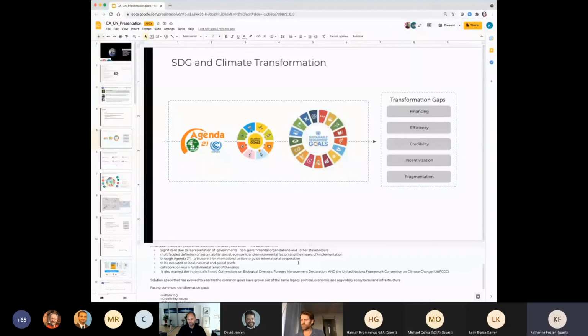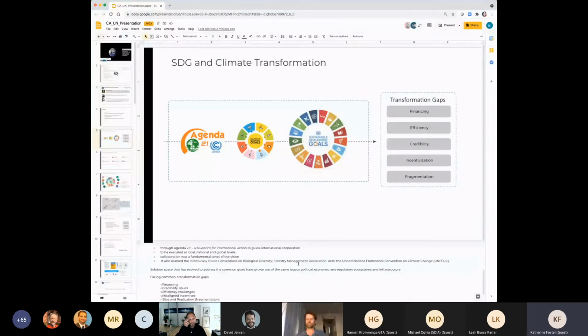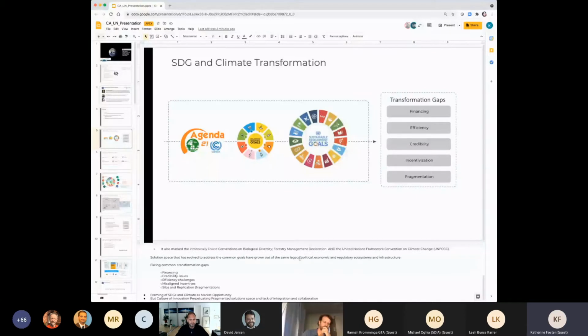So we started on a good footing with this Agenda 21 blueprint, as well as the action guide for local to international cooperation. And collaboration was a fundamental tenet of the vision. This also marked the link between various initiatives, including the Conventions on Biological Diversity, Forestry, and of course, the United Nations Framework Convention on Climate Change.